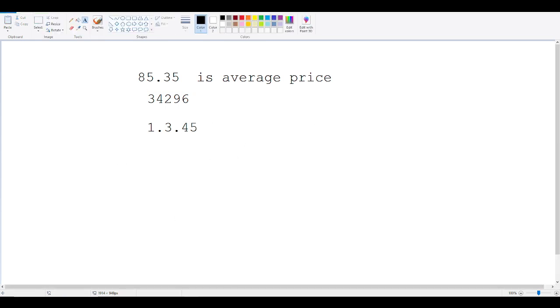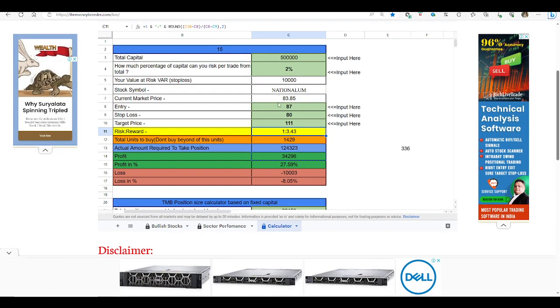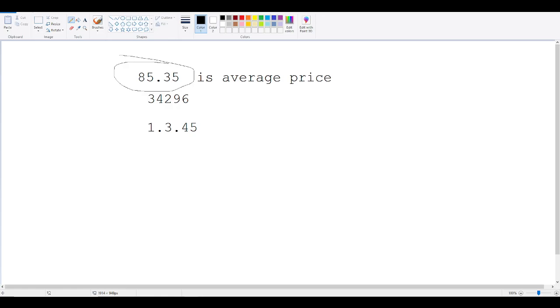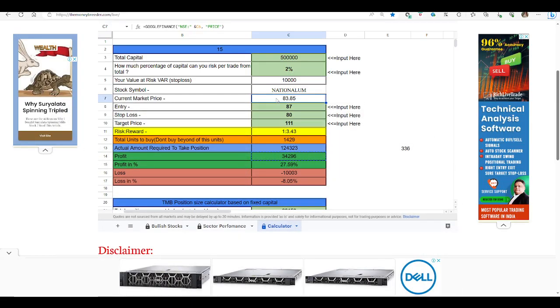Now I am changing the entry price. We calculated the average price; this is the average price I wanted to buy. Let us go with refreshment. What is the average price currently? As per our calculation, 85.35 is my entry.